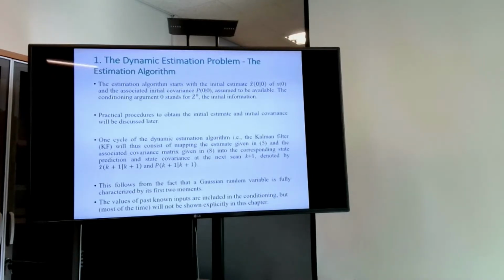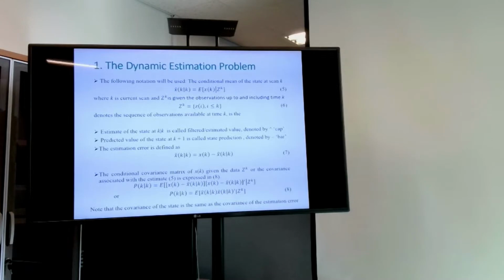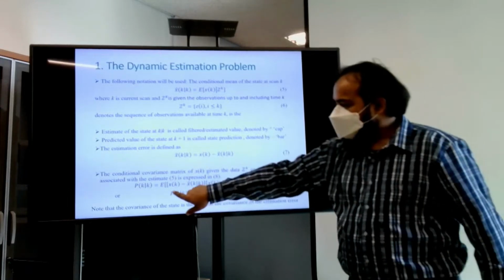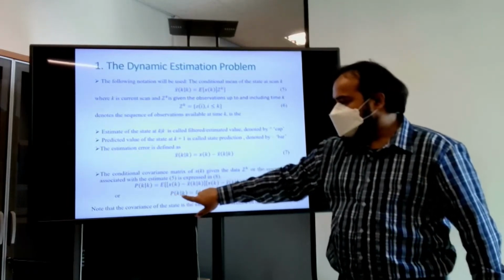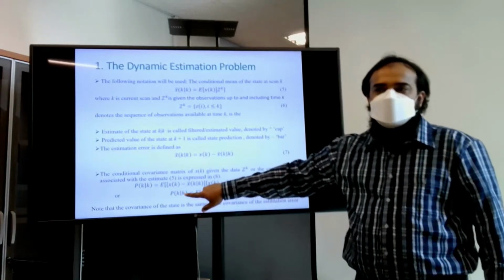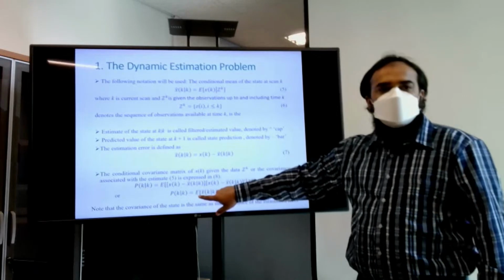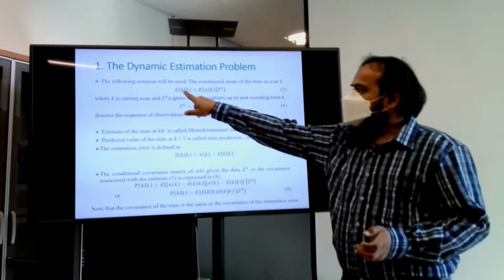So we know the dynamic equation, and we know the estimator notation, and sometimes we use a cap over here, because this is also calculated as an estimation algorithm output, like the Kalman filter output. So the Kalman filter gives you this value and this value.